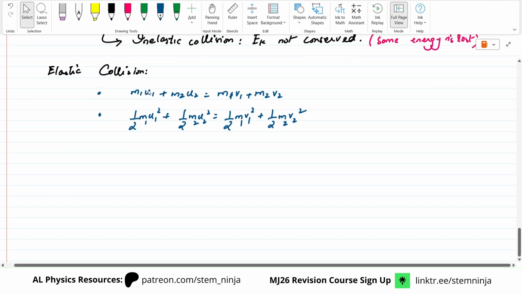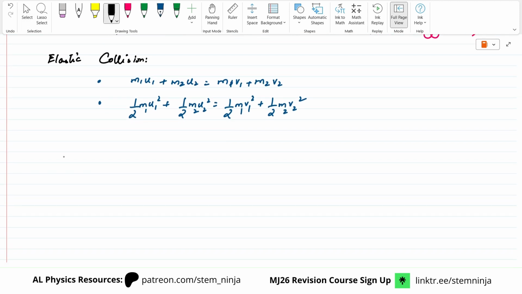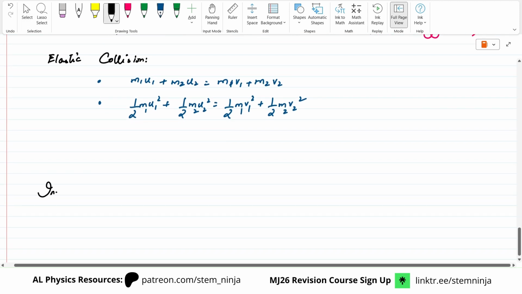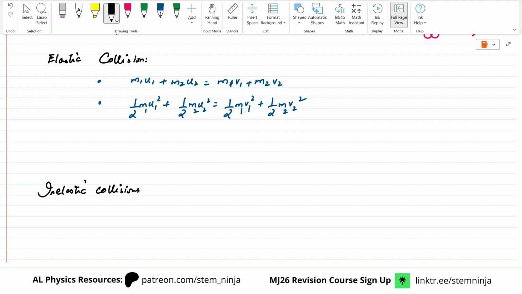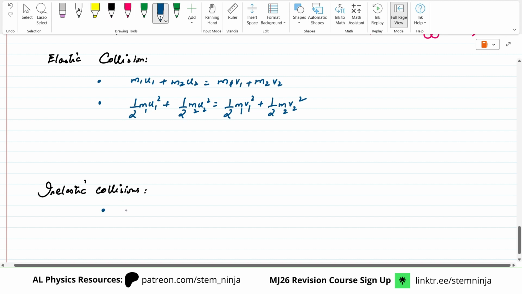Now, in the case of inelastic collisions, momentum is still conserved.